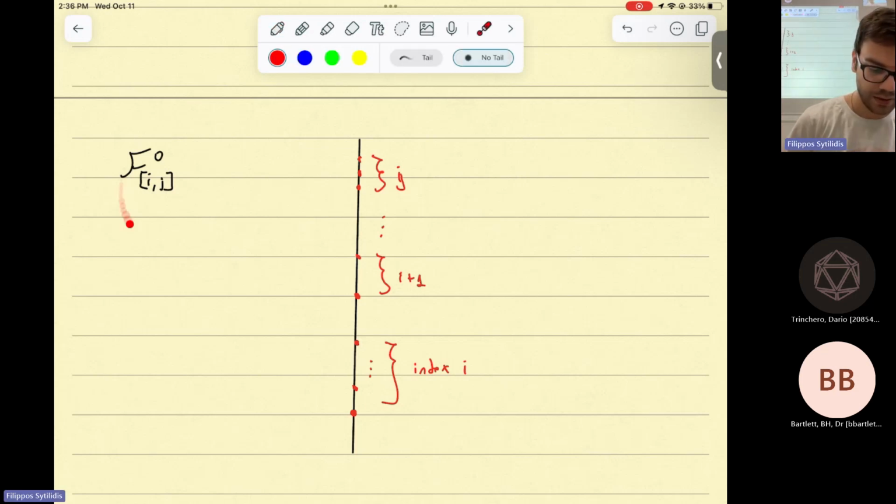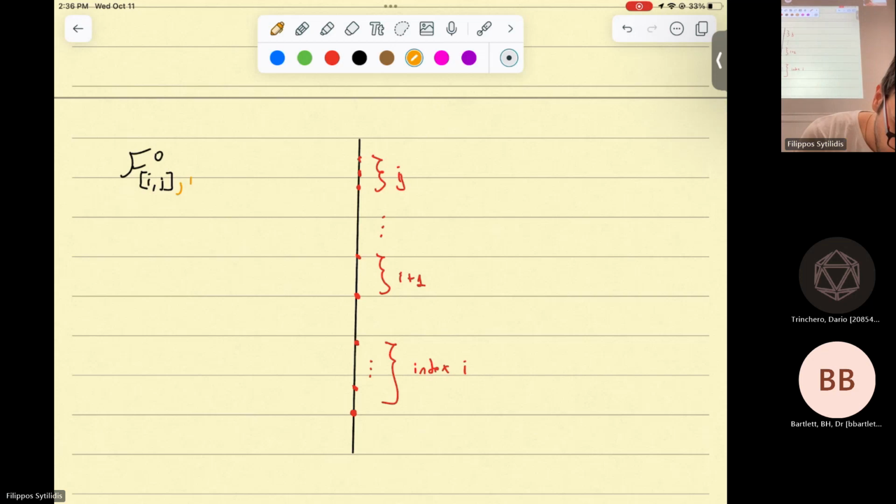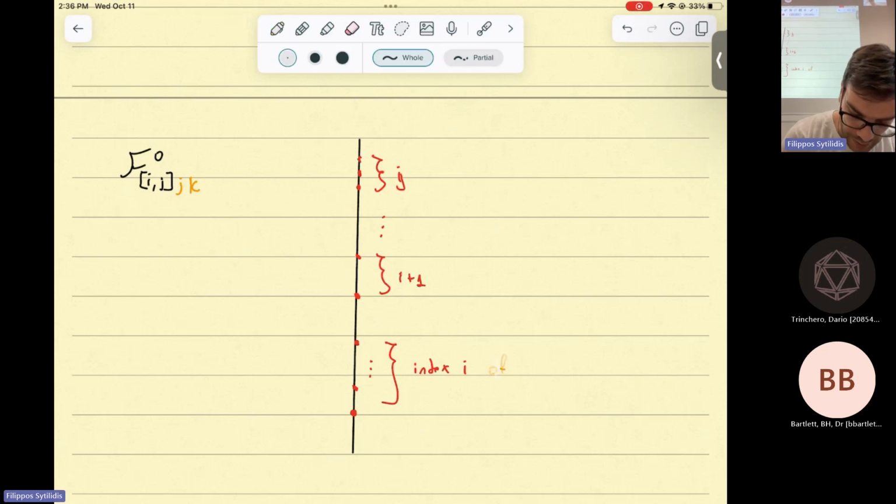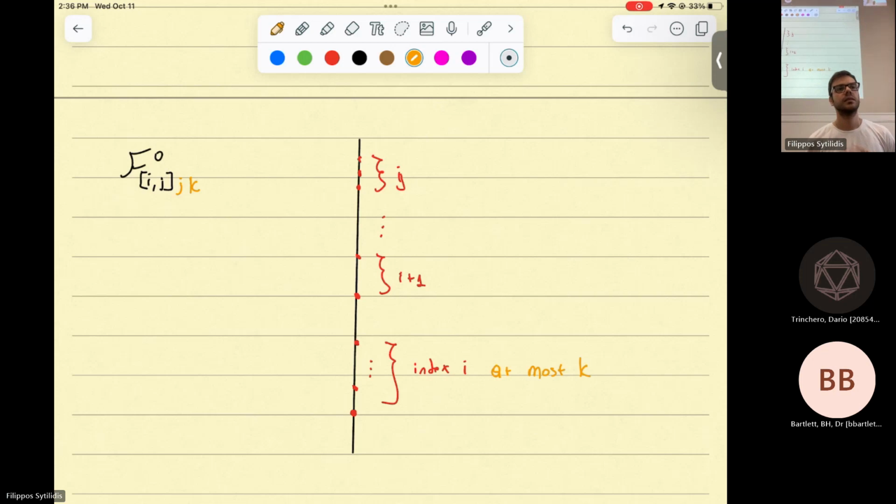And all of these critical values here, there is exactly one critical point in the preimage of these critical values. That's what this 0 here denotes. And if I ask for the semicolon k, then this is at most k such points.